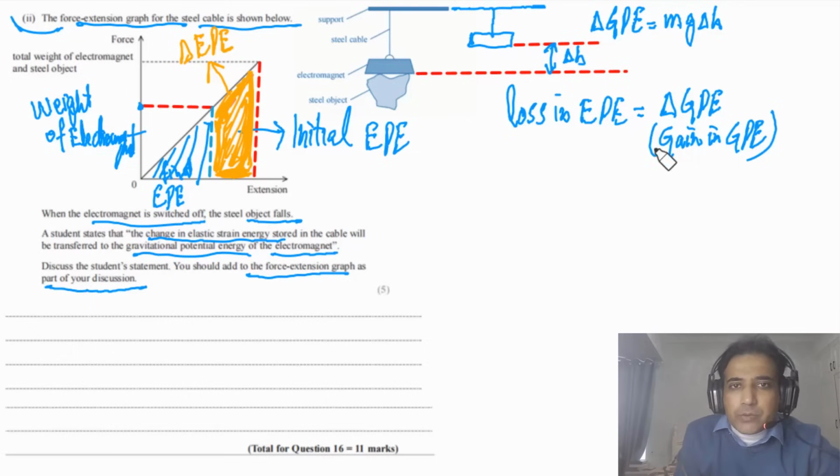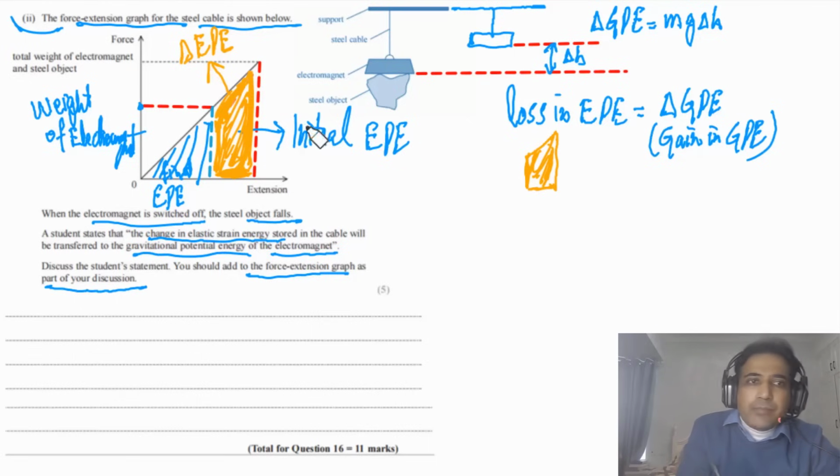Now we need to find out what the change is. This is the loss in EPE. So we can also clear this one so it looks more real. We can also divide this one into two parts by drawing this line here.